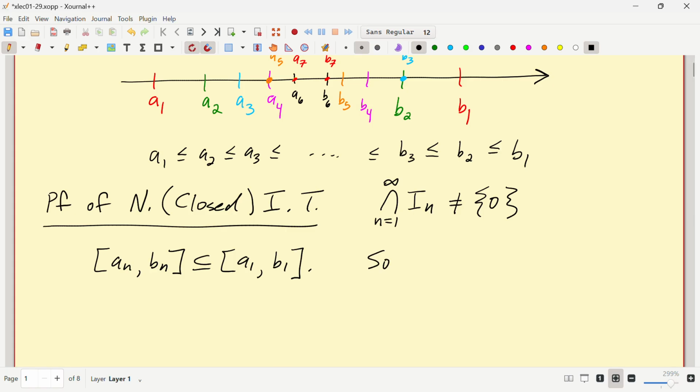That means that it must be the case that, since [A_1, B_1] is the set of x between A_1 and B_1, A_n is less than B_n, which is less than or equal to B_1. So that shows me that all the A_n's are bounded above by B_1.